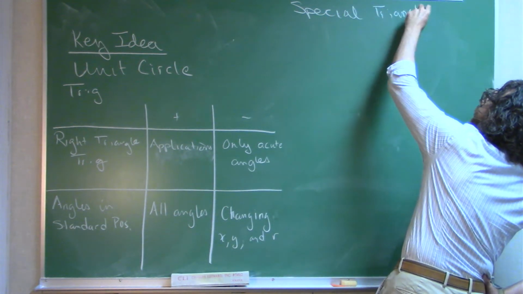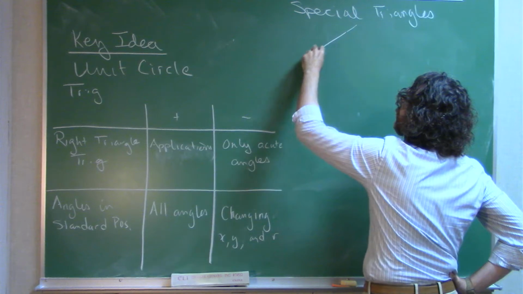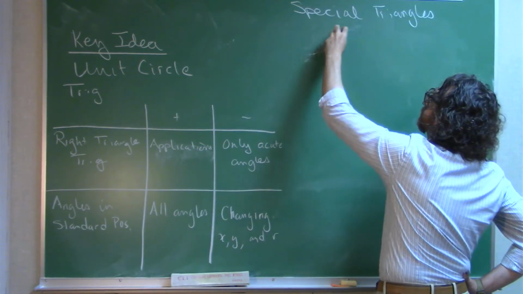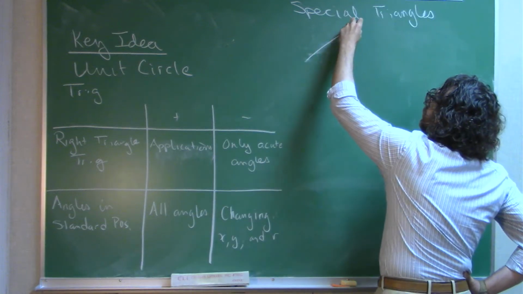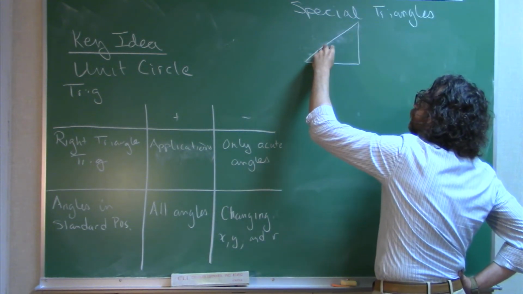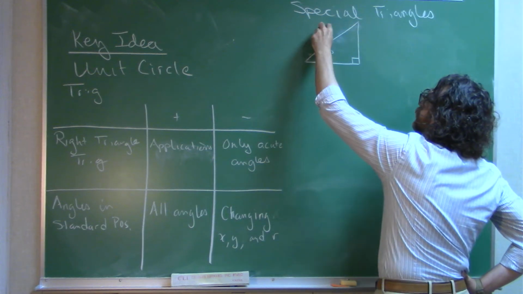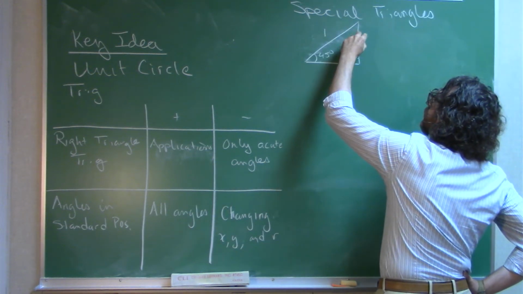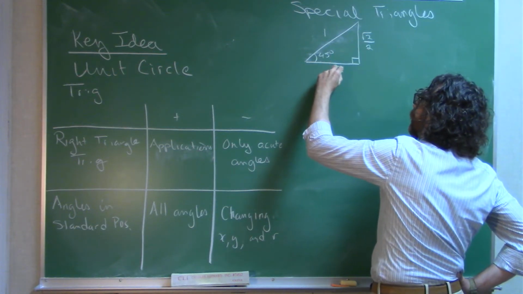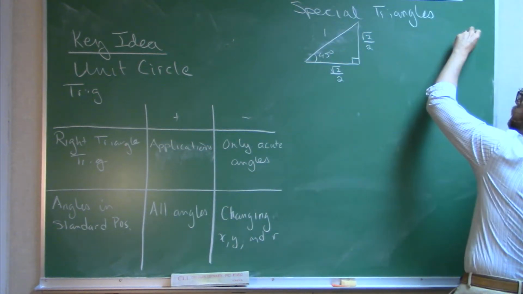The one thing I want you to keep in mind as we're doing this is the scaled versions of the special triangles that we talked about in the last video. So if we are dealing with, let's say, a 45, 45, 90 triangle, hypotenuse 1, side lengths are radical 2 over 2.